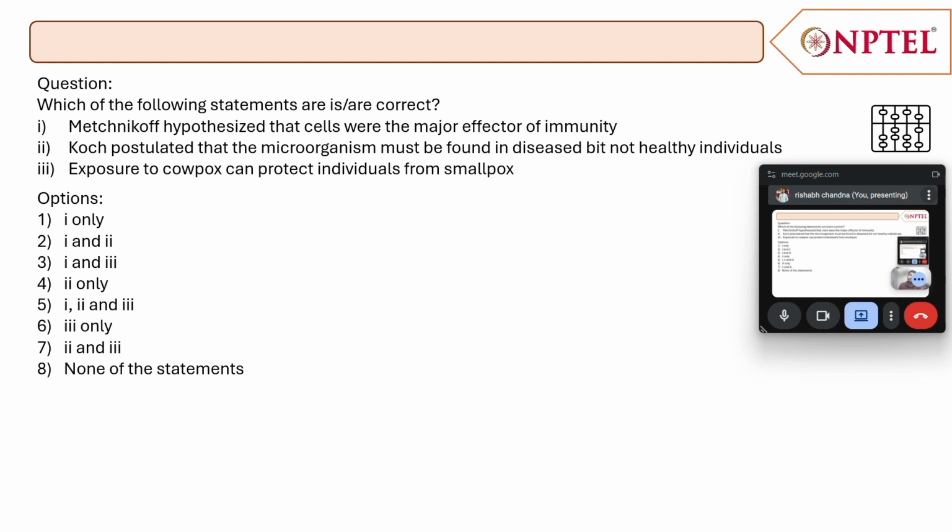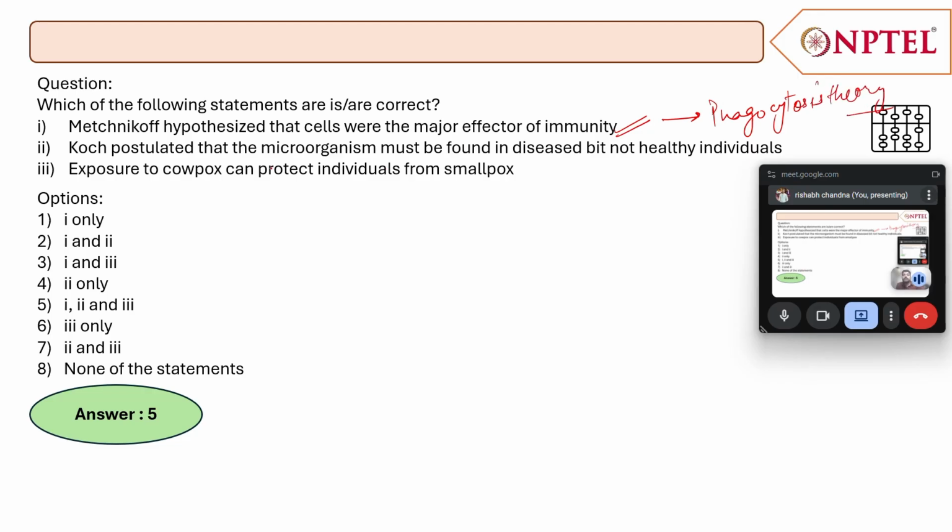Okay, so the correct answer is option number 5. That means all the three options are correct. Let's see the options. Metchnikoff hypothesized that cells are the major effectors of immunity. Yes, so he actually proposed the phagocytosis theory.